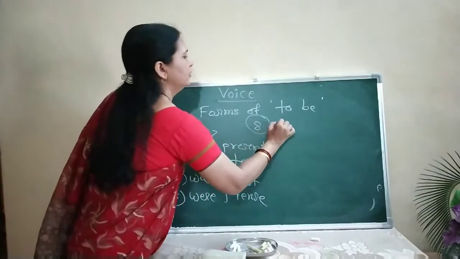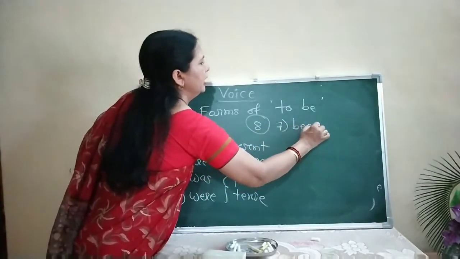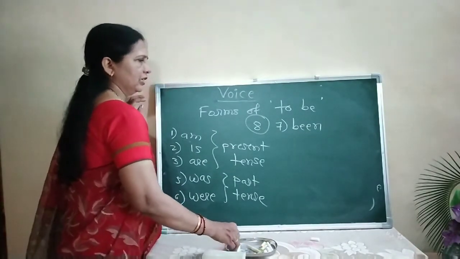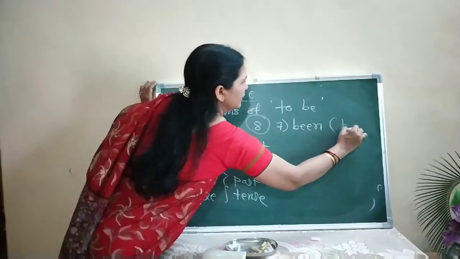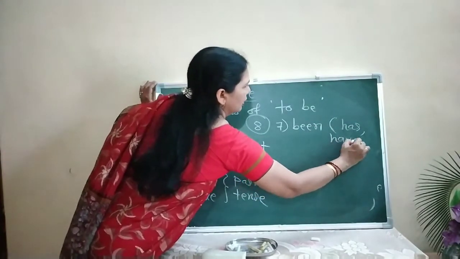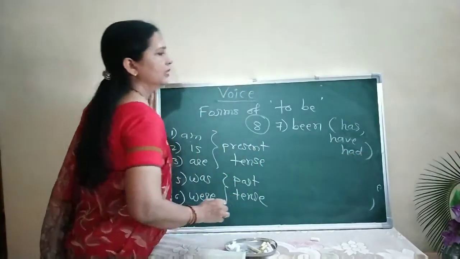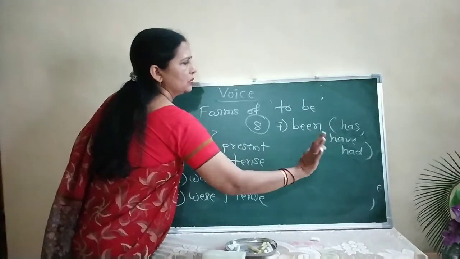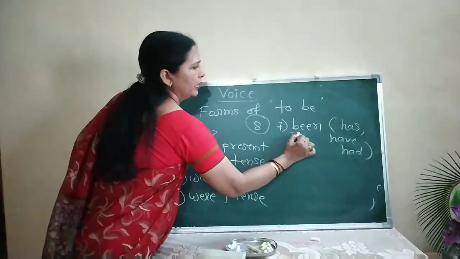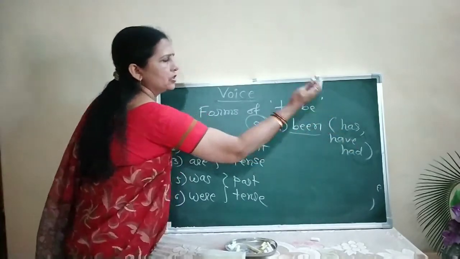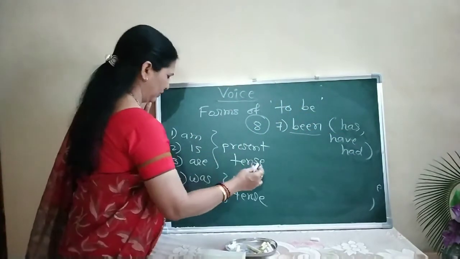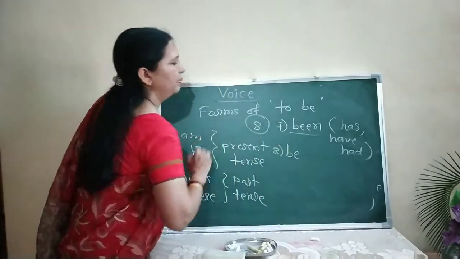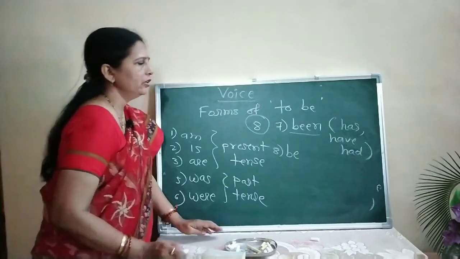The next form of to be is been. And when is been used? With has, have, or had. Remember very well, has, have, had, these are not the forms of to be. The form of to be is been, which is used with has or have. And the last form of to be is be. Now where is be used?